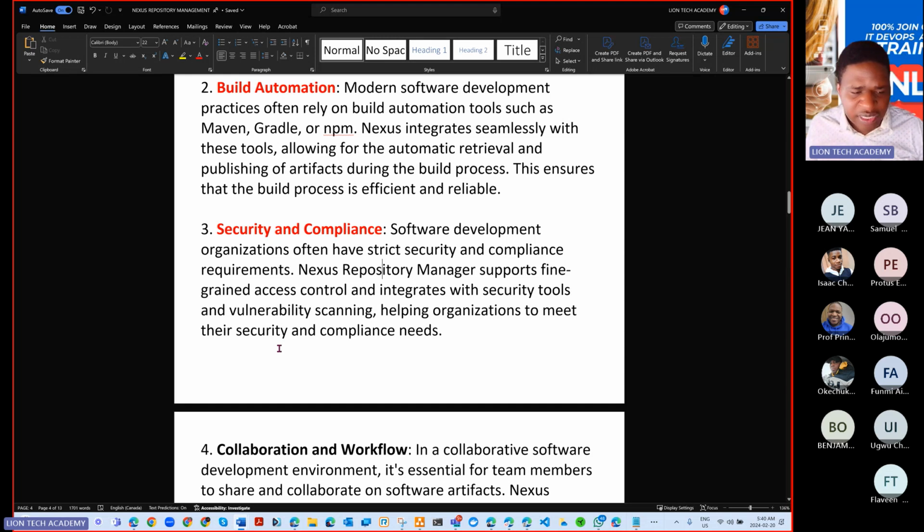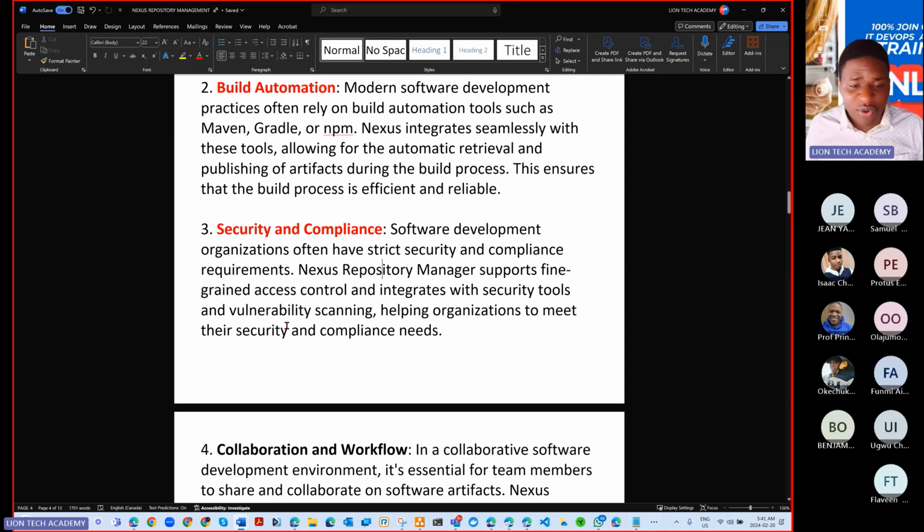There's one thing you must understand about compliance. Companies don't comply because they like to, right? Companies comply because there are regulations, there are laws. Investors are interested in looking at their compliance report.